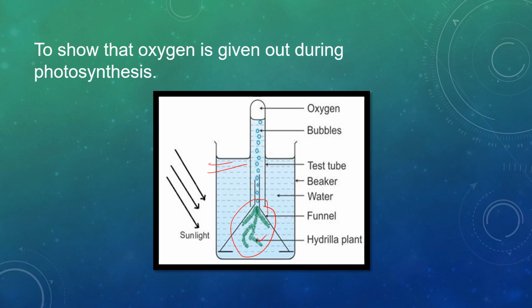Is it clear? Now we are covering this with a short stemmed inverted funnel. You can see that it is a short stemmed inverted funnel, and we are slightly raising the level of the funnel so that the water can enter the funnel freely. The funnel is placed just a little bit above the beaker, so that free flow or circulation of water can go inside the funnel.